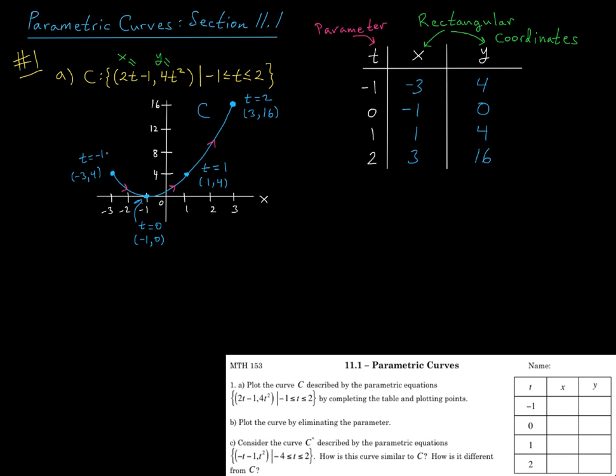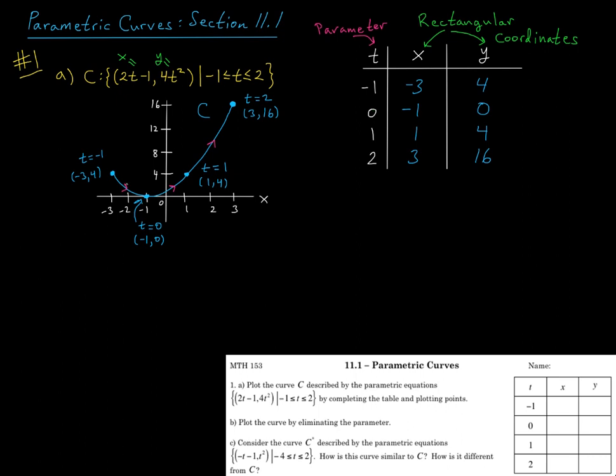Here, when t is -1, the particle is located at (-3, 4), and then as t increases, the particle is going to move along this path as indicated by these arrows. In the context of motion, it's natural to think about the parameter t as time. But in other contexts, the parameter can represent other types of quantities, like a geometric quantity such as an angle.